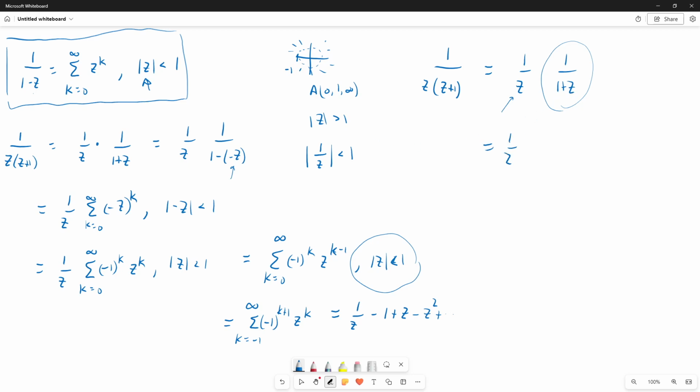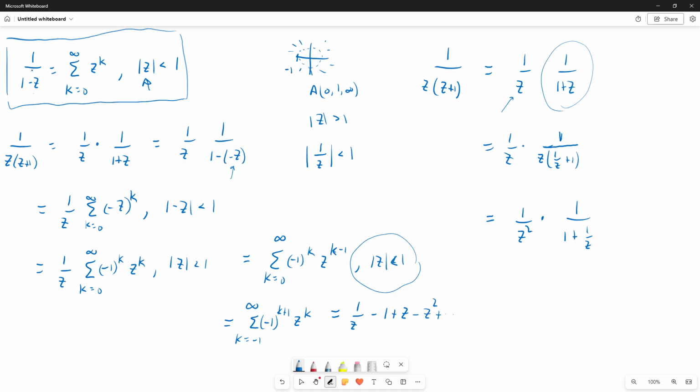So this is 1 over z times 1 over z times, if I factor out a z, I'm left with 1 over z plus 1. So this is 1 over z times z, which is z squared, and then times 1 over 1 plus 1 over z. So there is the expression that we want.